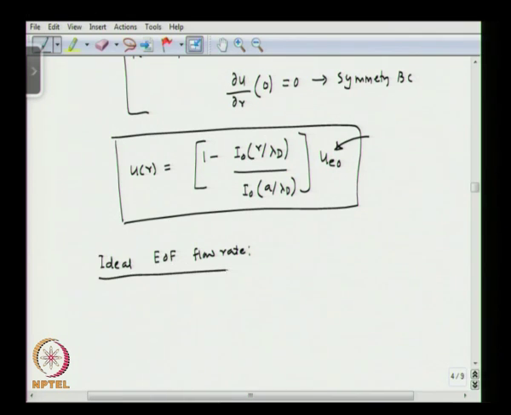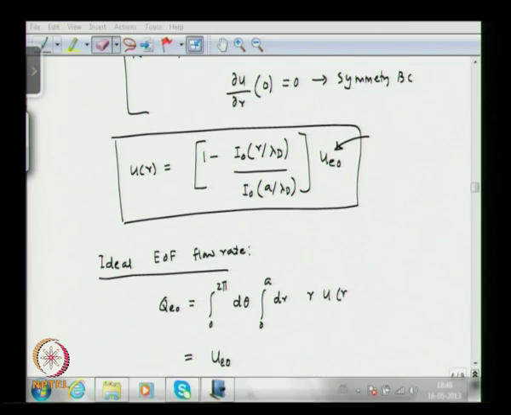So, we can write Q EO will be equal to the integration from 0 to 2 pi d theta, 0 to a dr r u of r. So, this is basically going to be independent of theta, so we have only a function of r.